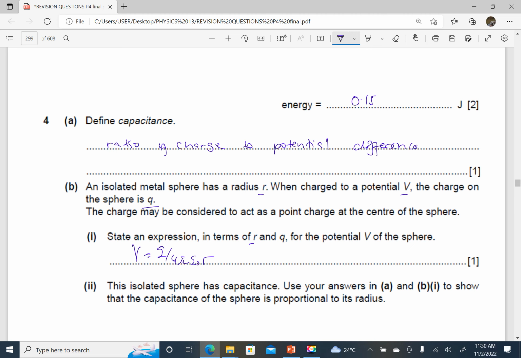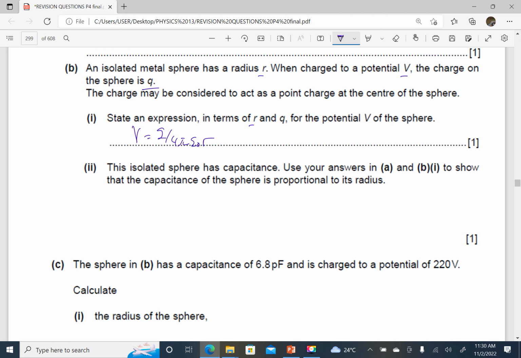This isolated sphere has capacitance. Use your answer in A to show that the capacitance of the sphere is proportional to its radius.